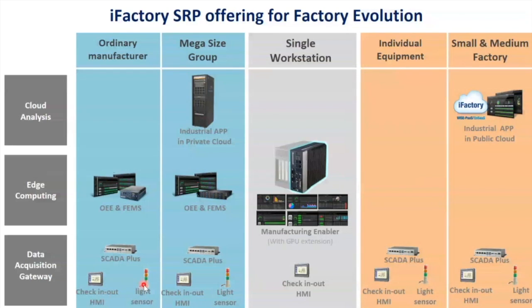We also shared how our edge computing can help you with our OEE SRP. And in fact, we also have our cloud system by private cloud. You can set up our OEE SRP solution using Advantech's private cloud server and storage on premises.